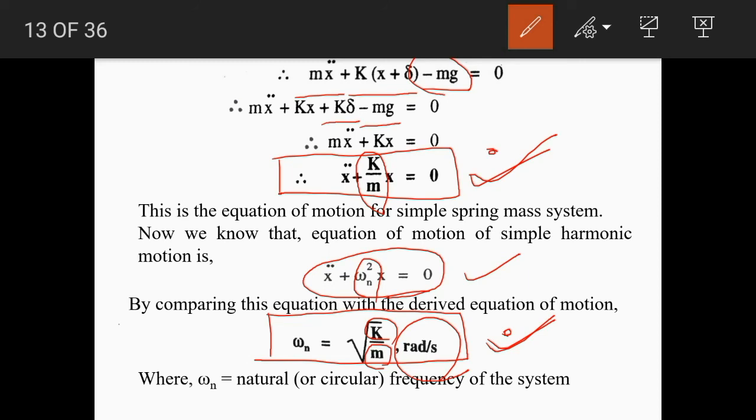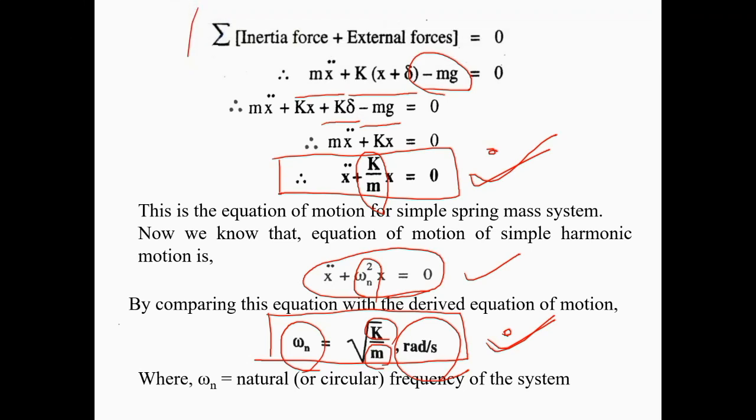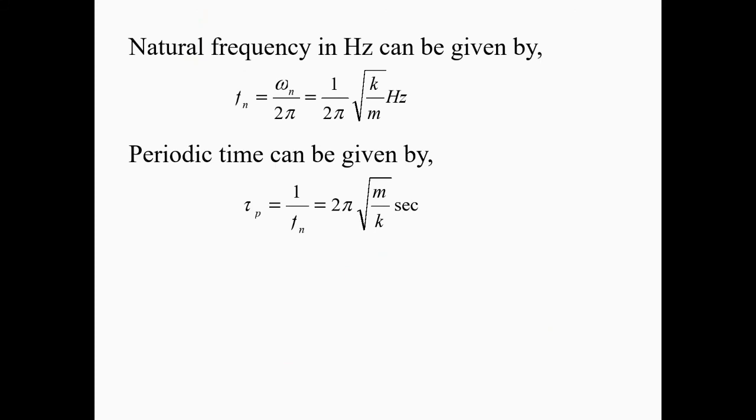To convert radian per second into cycles per second, that is hertz, we have to divide omega n by twice pi, as we know that in one cycle there are twice pi radians. So the frequency in hertz is fn equals omega n divided by twice pi, which is equal to 1 upon twice pi times the square root of k by m.